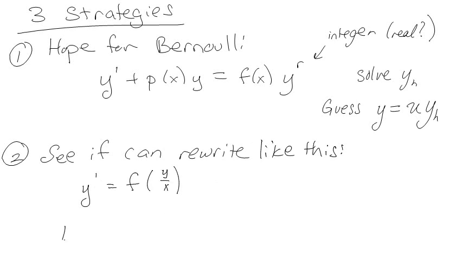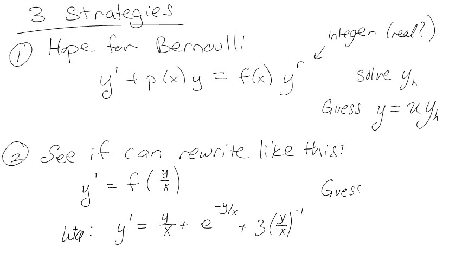So say you're able to write something like y over x plus e to the negative y over x plus 3 times y over x to the negative 1. Maybe it was x over y, but it's y over x to the negative 1. So if you can rewrite a diffy-q all in terms of y over x, then what you're going to guess is y equals u times x, okay?